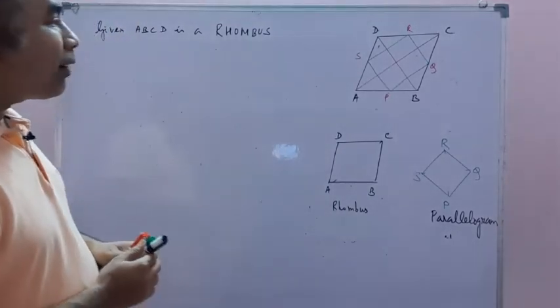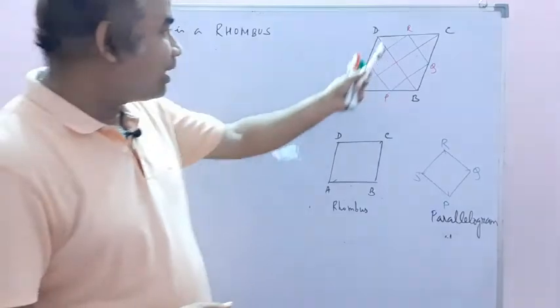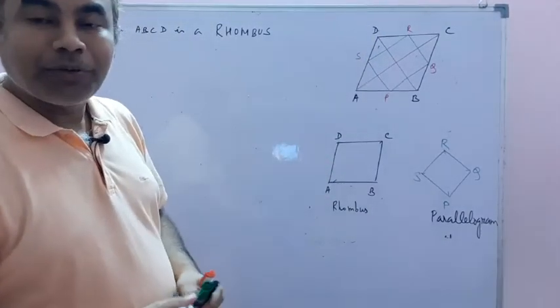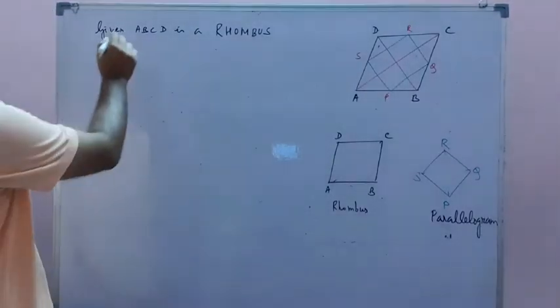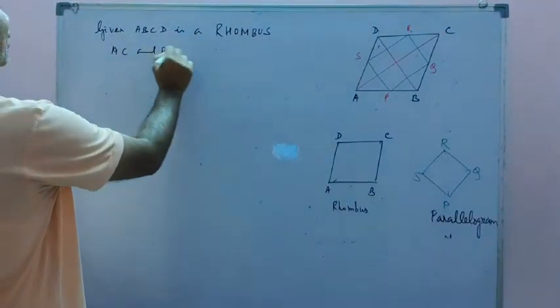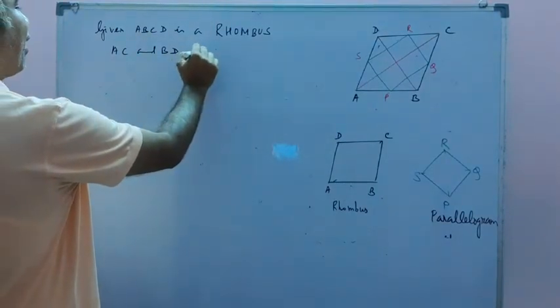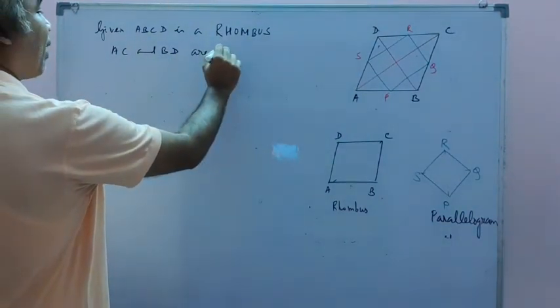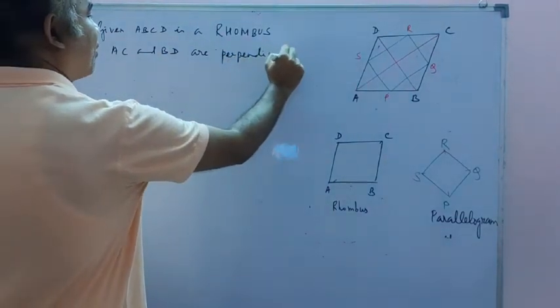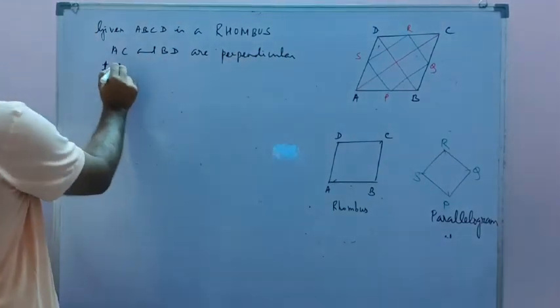Now what is the property of the diagonals of a rhombus? AC and BD are diagonals of the rhombus ABCD. So what are the properties? If ABCD is a rhombus, the diagonals AC and BD are perpendicular to each other.